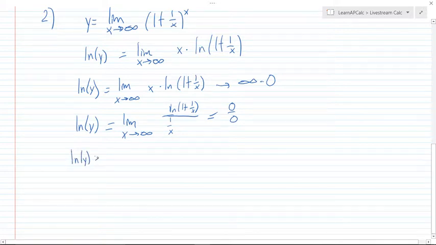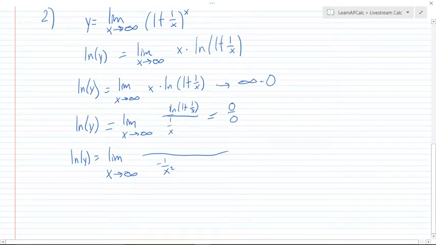ln of y equals the limit as x goes to infinity of minus, remember we take the derivative of the top and bottom separately, so minus 1 over x squared, that's the derivative of 1 over x. The derivative of ln of u is u prime over u.